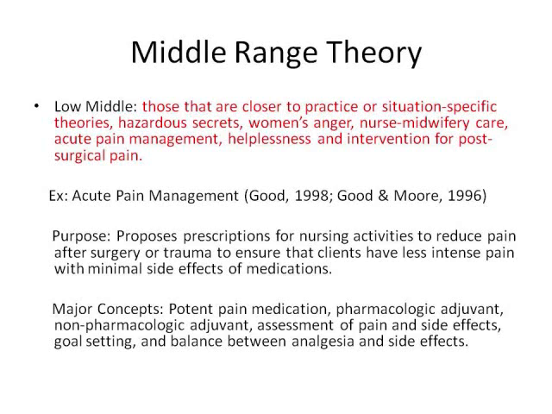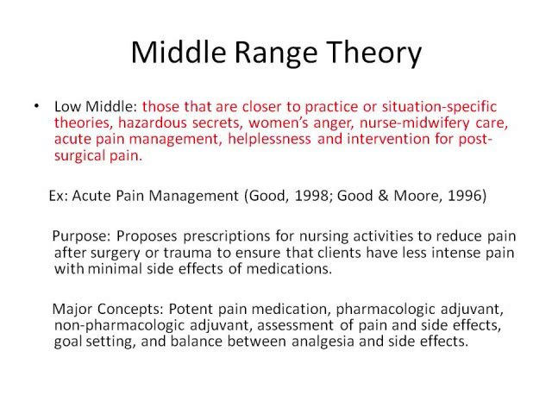Purpose: proposes prescription for nursing activities to reduce pain after surgery or trauma to ensure that clients have less intense pain with minimal side effects of medication. Major concepts: potent pain medication, pharmacologic adjuvant, non-pharmacologic adjuvant, assessment of pain and side effects, goal setting, and balance between analgesia and side effects.